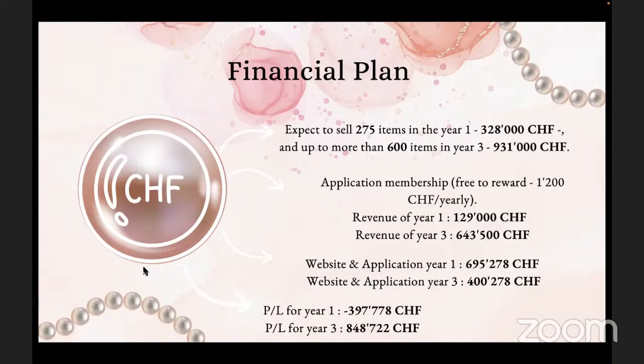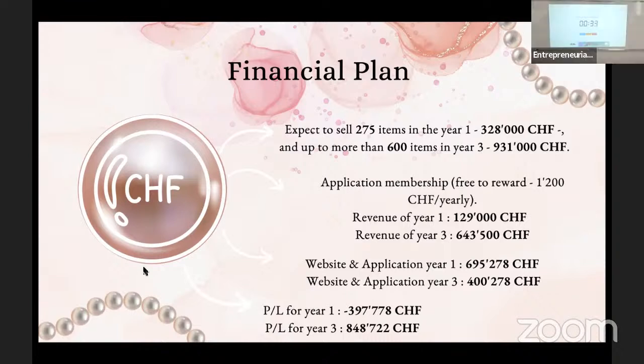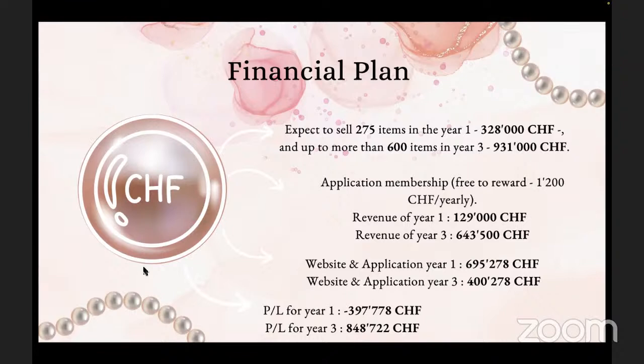As for the application membership that will be included in our app, we'll have tiers from free to reward. And you can see here the revenue. And as for the website and application, year 1 will be more expensive as we will have more to develop in the first year than in the third year. And so you can see at the end of the profit and loss what we will have between year 1 and year 3. And yeah, that's basically it.